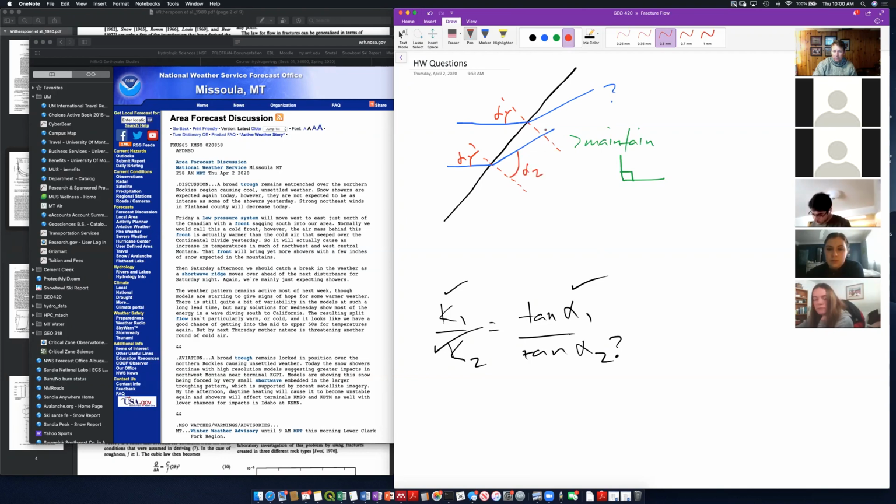This is alpha 2. That is the angle with the normal for the new flow path. And this normal is basically the line that crosses the boundary, perpendicular to the boundary where the flow path is crossing the boundary.